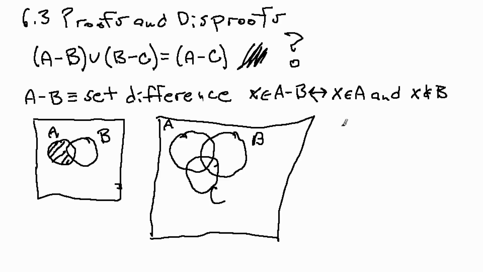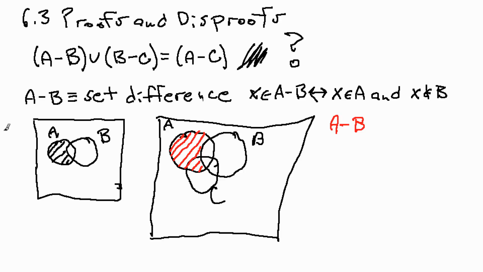And I'm going to draw A minus B in red. So whatever's in A and isn't in B, that's going to correspond to this area right over here. Okay, notice that I've left this part right here out because that part is in B.